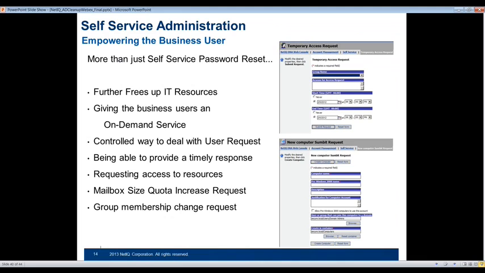So once again, improved ROI from the time and efficiency, but also the data quality, the audit, the approval side of things. So we've talked about examples of group membership and delegation of basic account changes, perhaps in branch, allowing managers, branch managers for example, to access and manage some of their users' basic information.